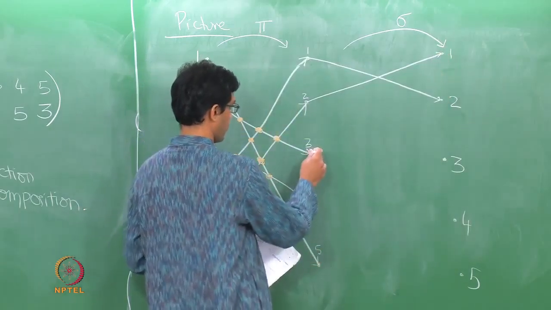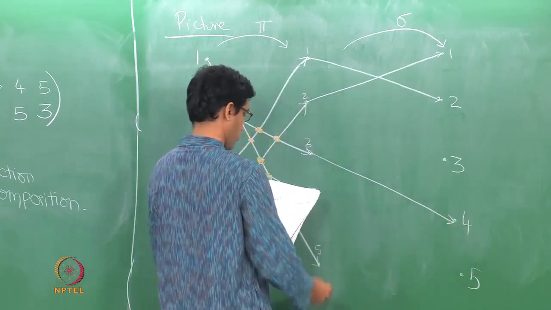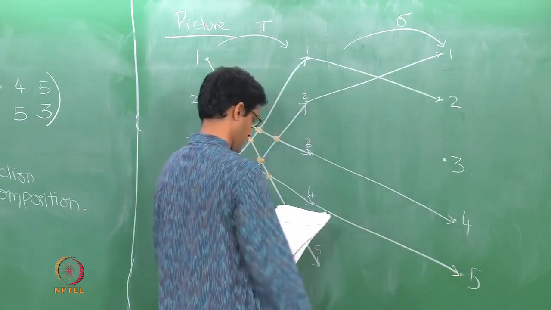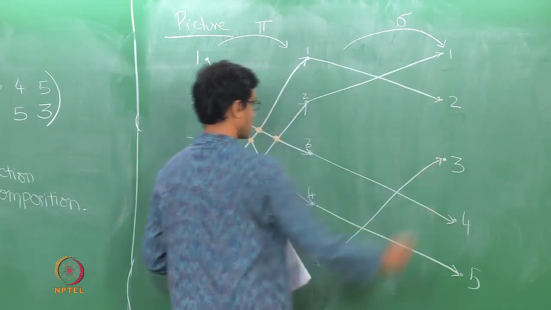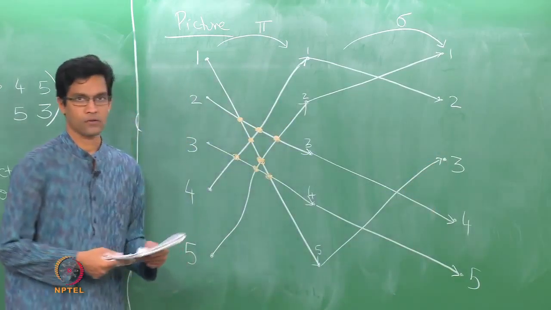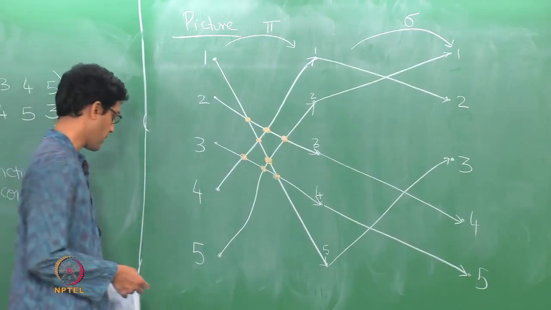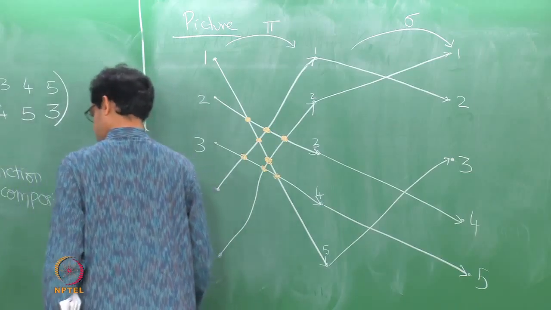3 maps to 4. 4 maps to 5. And 5 maps to 3. Okay, so what we have done now is also drawn the picture for sigma. Let us again do the same thing and mark out the crossings.